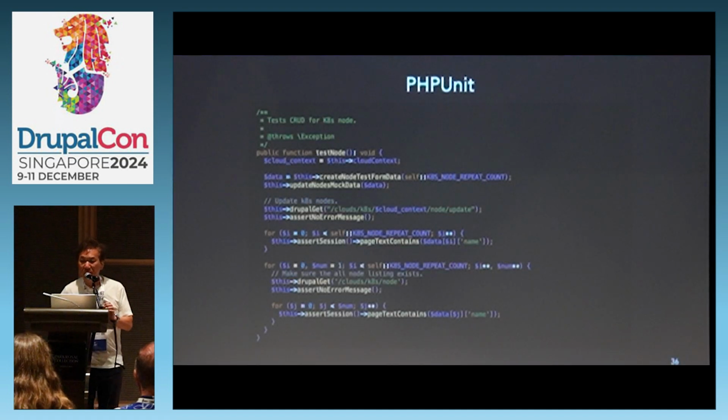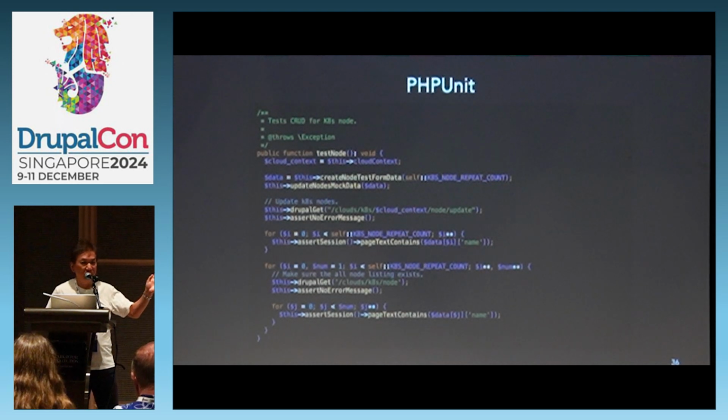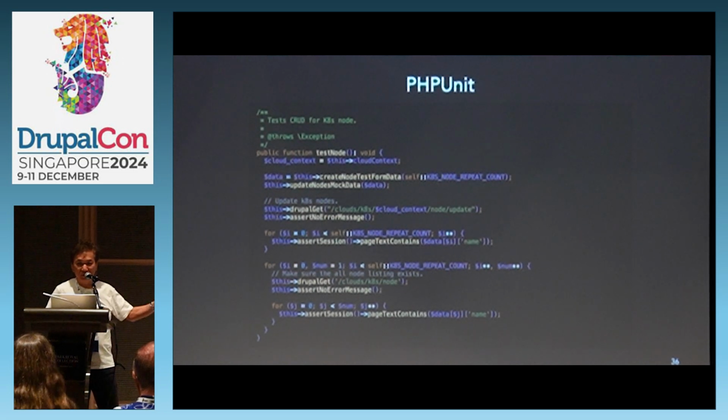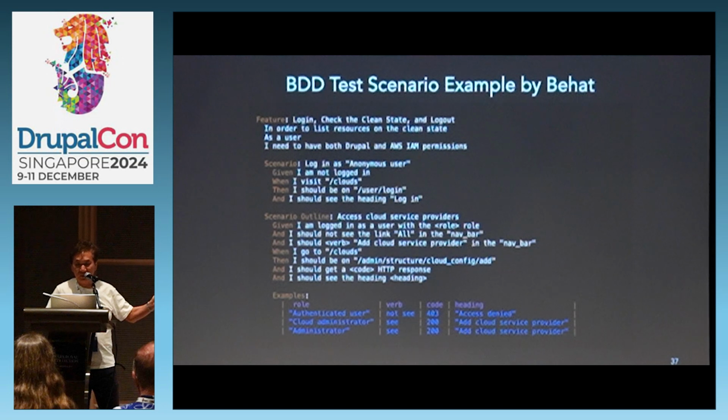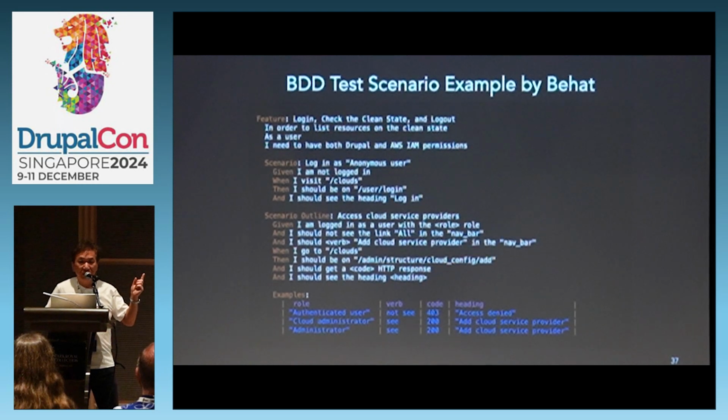First of all, let me show the PHPUnit code like this. Do you understand what's going on in this code? Can you read this one? On the other hand, this is BDD test scenario code. The same question as in the previous slide: do you figure out what this BDD test scenario code will do?